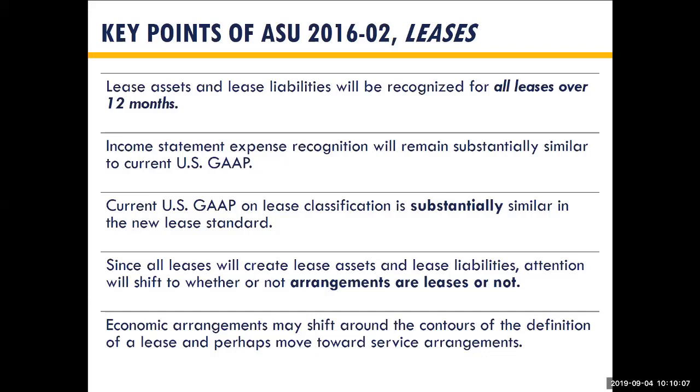The lease classifications, they changed some terminology, and we'll talk about that, but the classifications of capital versus operating are very similar. And because these leases are going to end up on your balance sheet, the real question is whether it is a lease or not. So that becomes a more important question, and I'll go through an example of that in an upcoming slide.